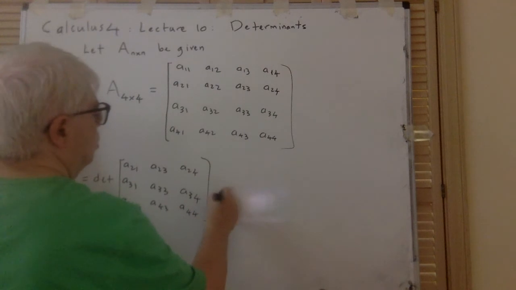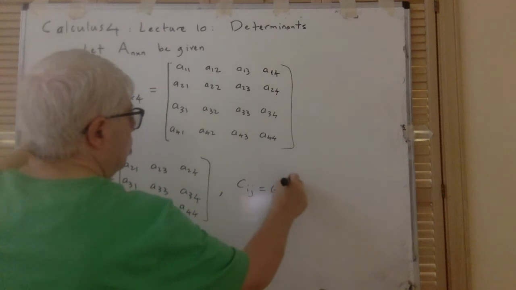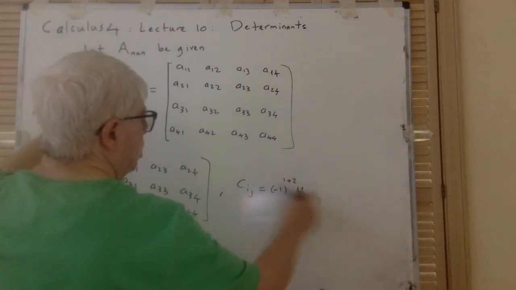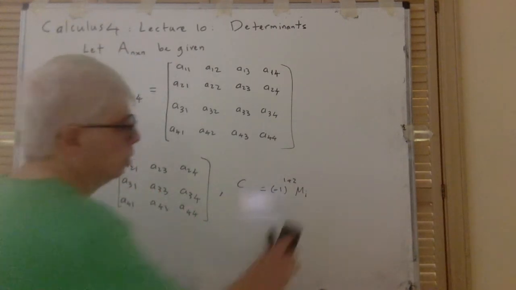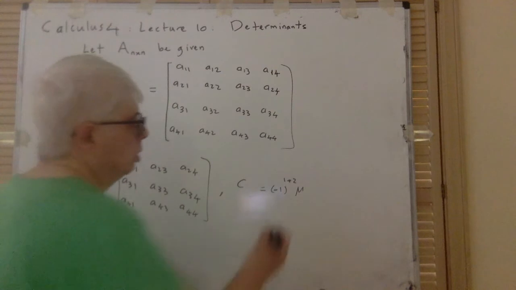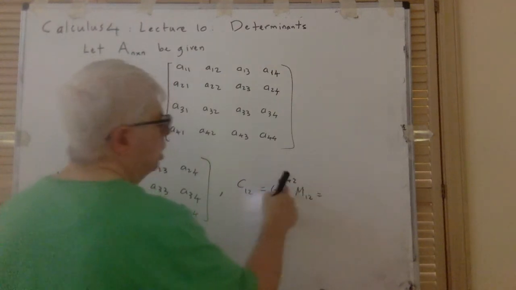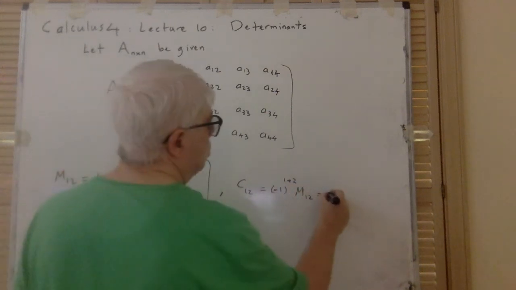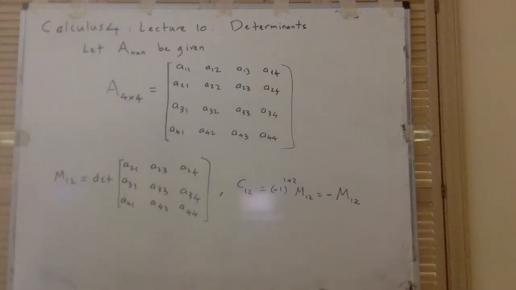And the cofactor C12 is negative 1 to the power 1 plus 2, which is 3. Negative 1 to the power 3 is negative, so that's negative M12. So the cofactor is sometimes Mij and sometimes negative Mij.